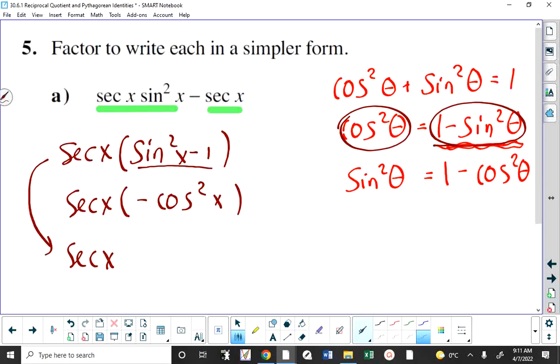Well, how do I make it 1 minus sine squared? Factor out a negative 1. The sine squared becomes negative. The 1 becomes positive, and then you can put cos squared in. And I'll finish this problem in just a second. Okay?